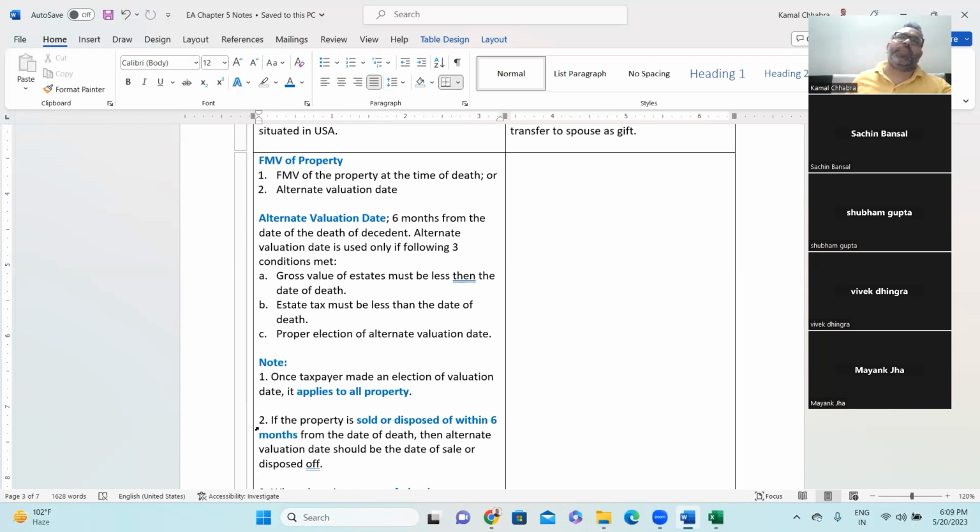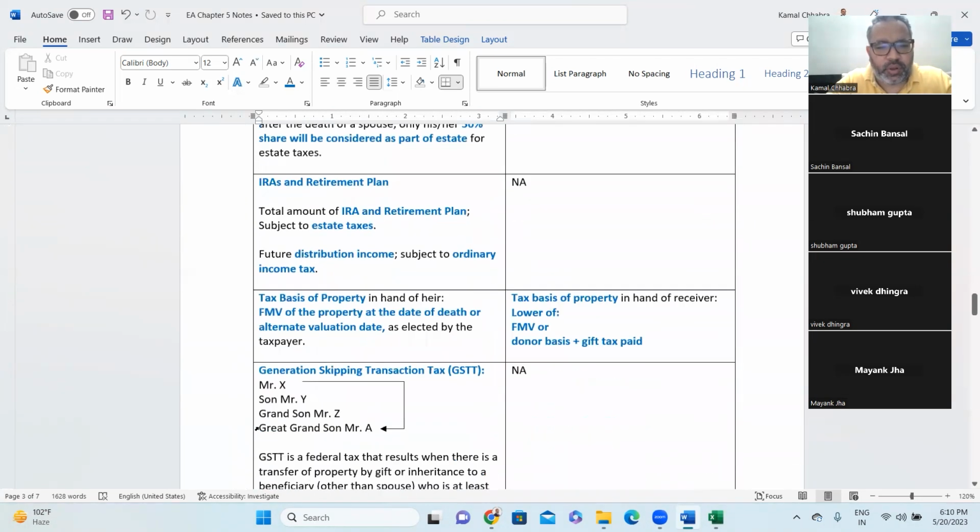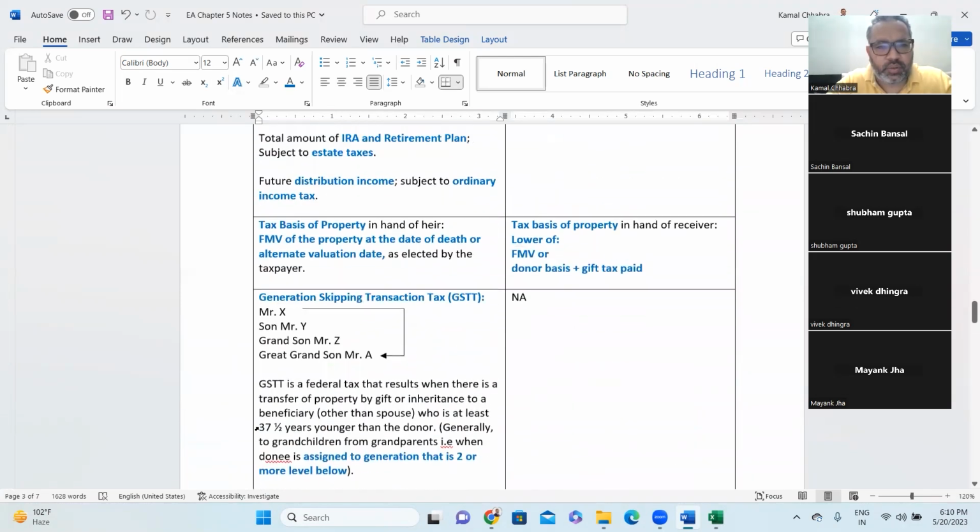And if you have sold before that, then at the date of selling. So when you choose the alternate date, when the value is less than the fair market value on the date of death. Yeah, absolutely right. So the same formula will apply here also.